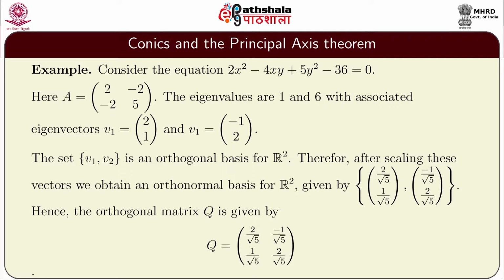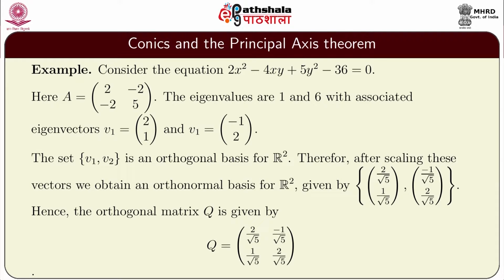Therefore, after scaling these vectors, we obtain an orthonormal basis for R2 given by these two vectors, the first one being (2/√5, 1/√5), and the second one is (-1/√5, 2/√5).